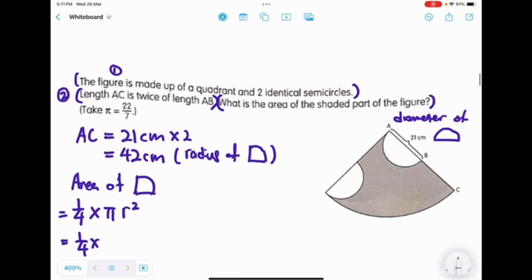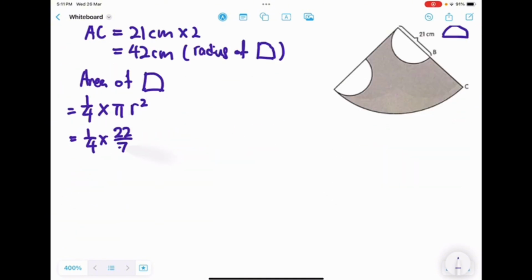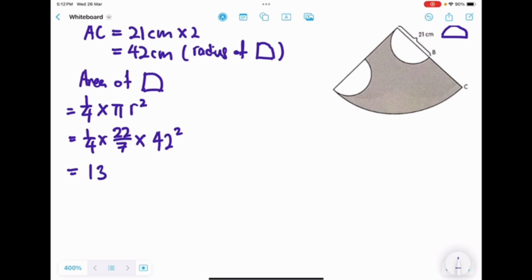Pi, the question simply tells us to take pi as 22 over 7. And lastly, r. What is r? The radius of my quarter circle is 42, which is what we found out earlier, right? So it is 42 square. What I am going to get is 1,386 centimeters square. And this is the big of my big minus small.